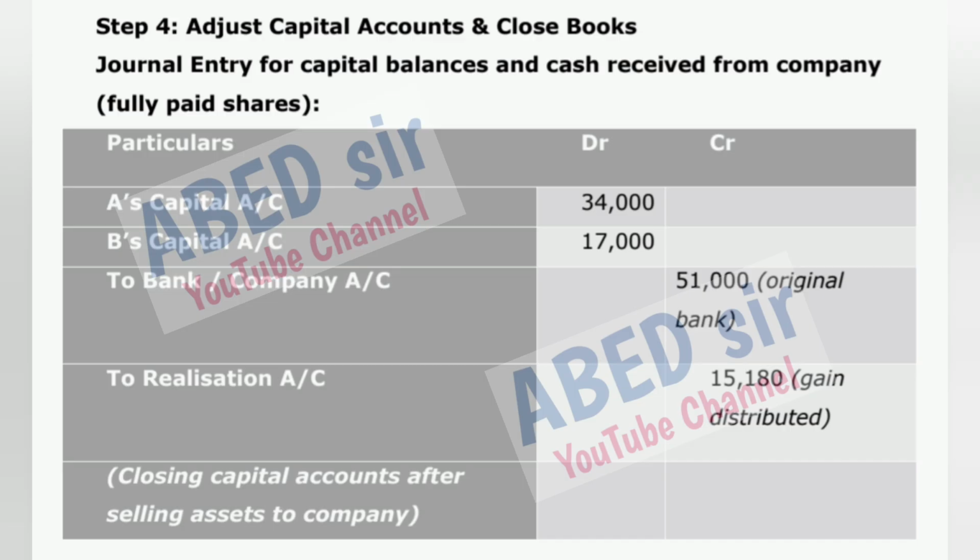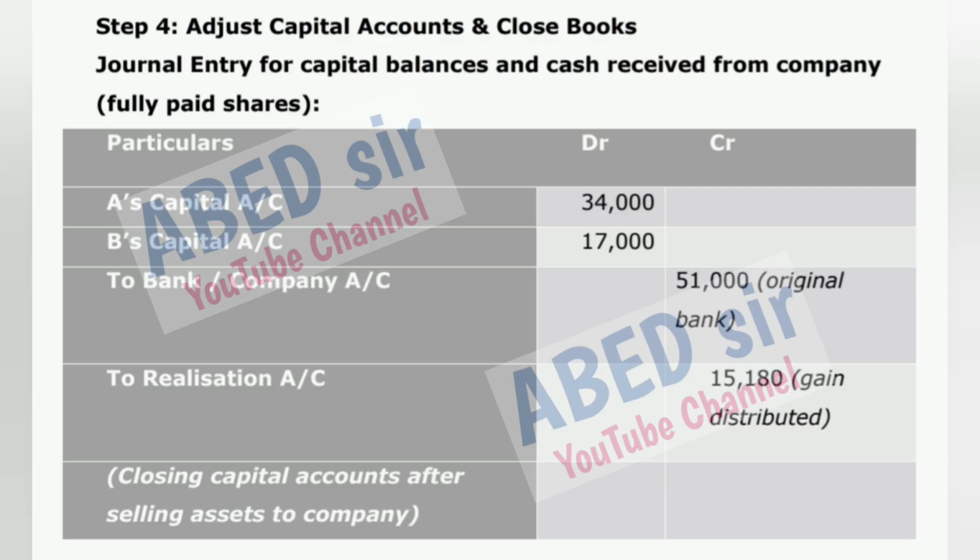Step 4. Adjust capital accounts and close books. Journal entry for capital balances and cash received from company, fully paid shares. A's Capital A/c 34,000. B's Capital A/c 17,000. To Bank Company A/c 51,000, original bank.